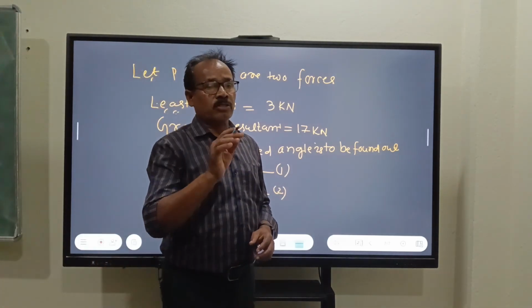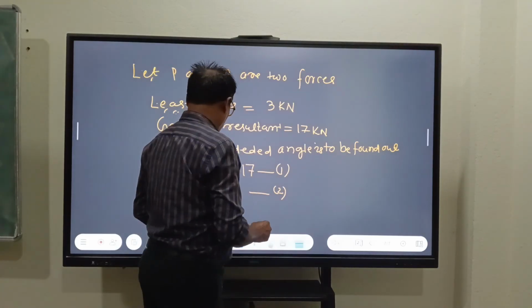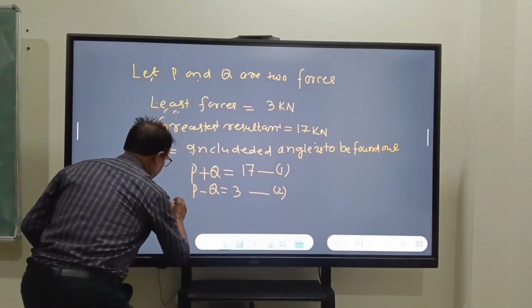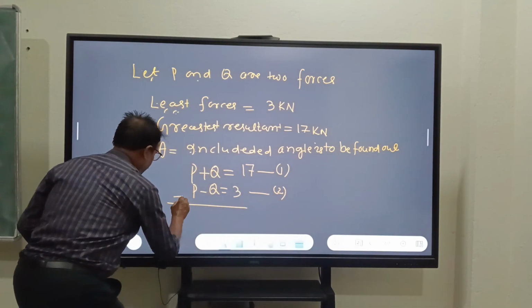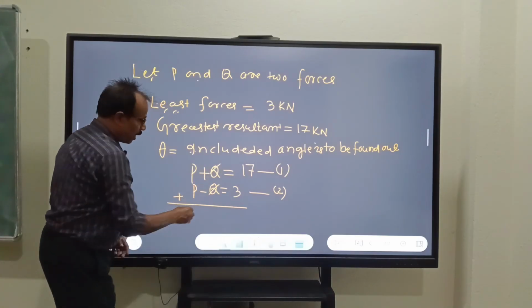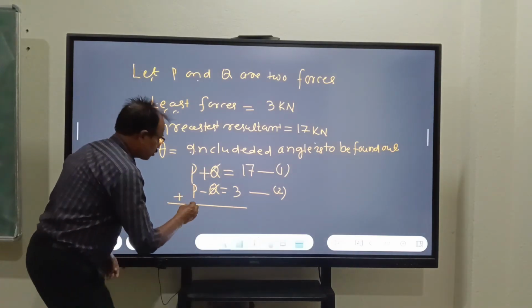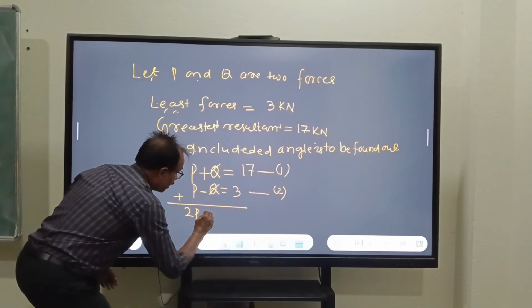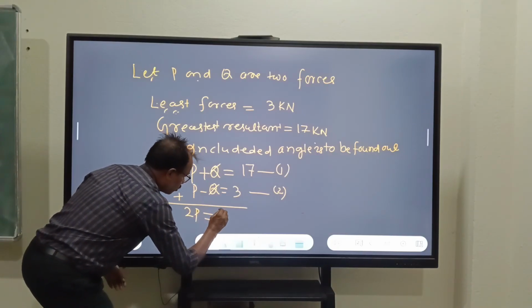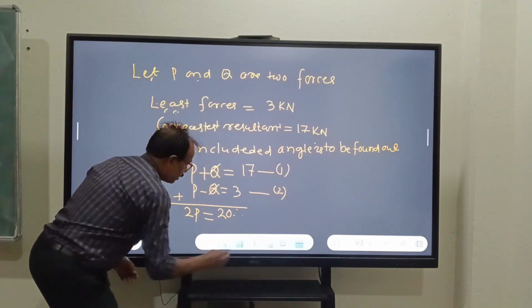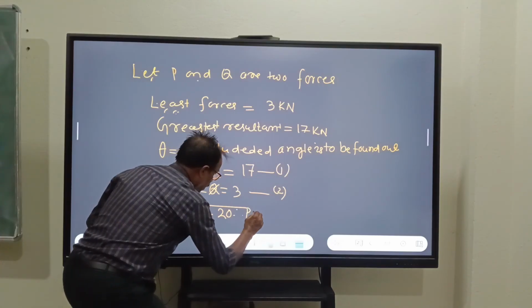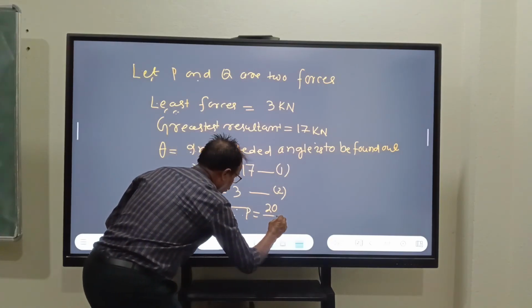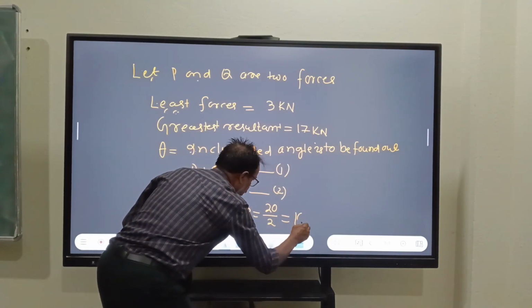Now, adding equations 1 and 2, plus Q and minus Q cancel. P plus P, 2P is equal to 20. Therefore, P is equal to 20 by 2, which is equal to 10.